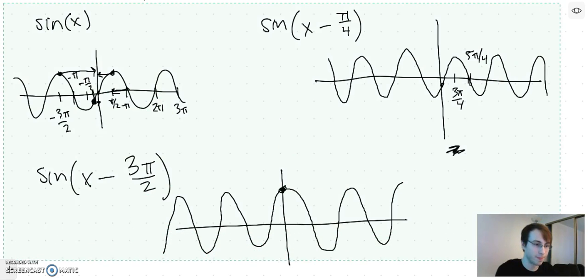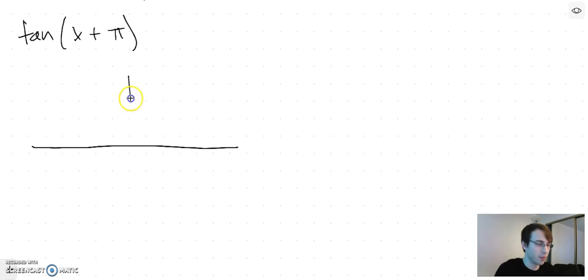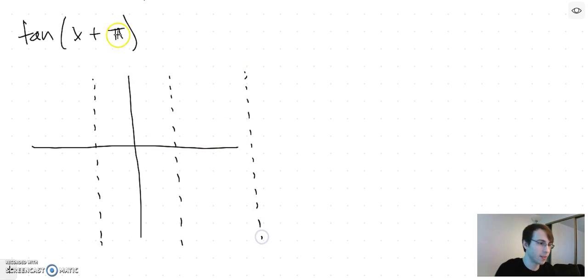Let's try something with tangent. Let's try tangent of x plus pi over 2.